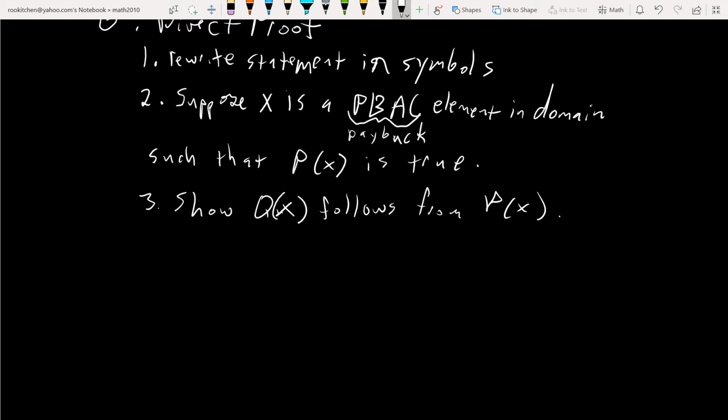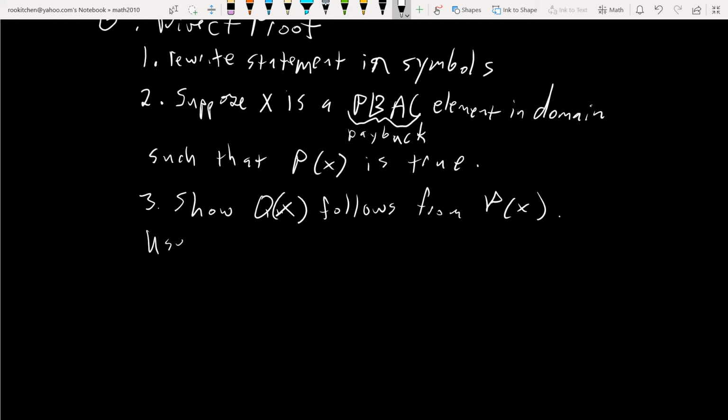You could use modus ponens, modus tollens. You have to be careful though. There are some things you don't want to do, like you don't want to presume the thing that you're trying to prove and that sort of thing. They talk about that in the next section. Okay, but in general, show that q of x follows from p of x.